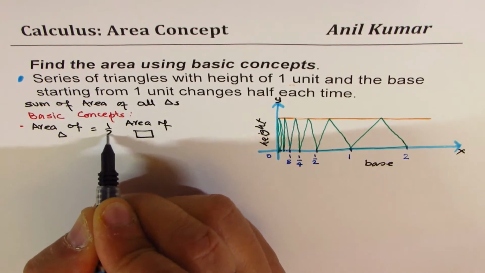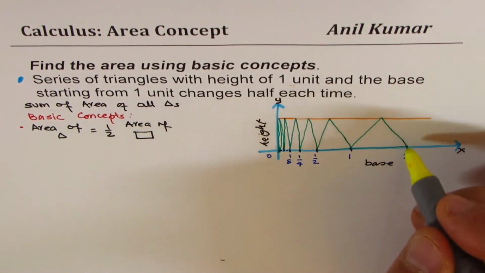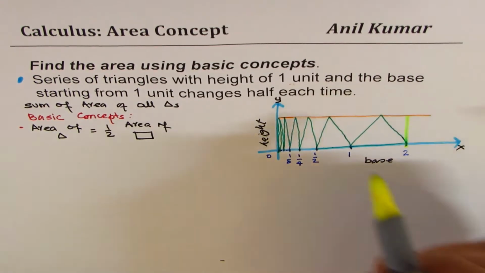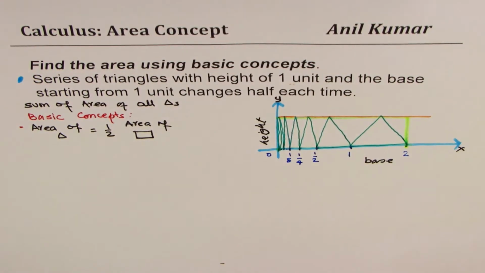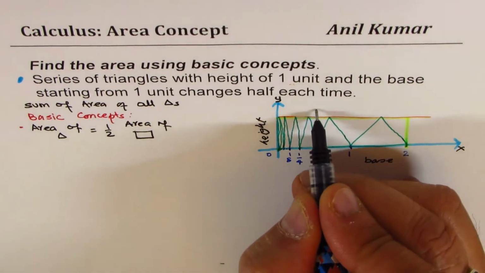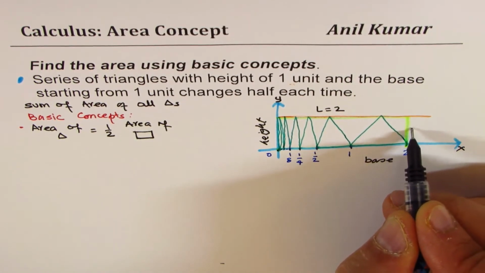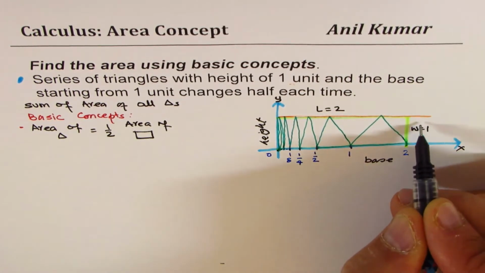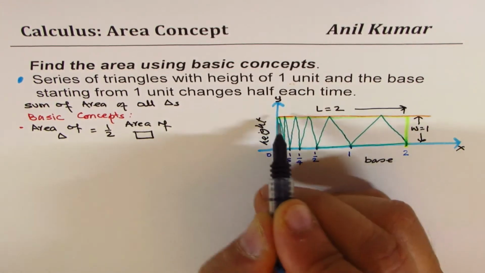Area of triangle is half the area of rectangle. And do you have a clue? I can just make this, right? So what I get here is a rectangle. Do you see that? Now in this particular rectangle, my length is equal to 2 units, 0 to 2, and width is equal to 1 unit, correct?